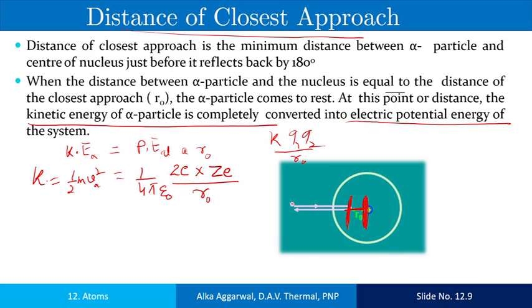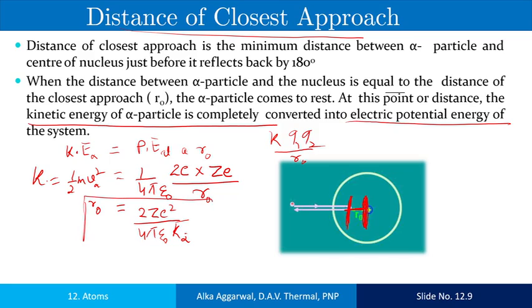Now solve it for r naught. r naught is equal to 2 e square Z upon 4 pi epsilon naught times the kinetic energy of the alpha particle.